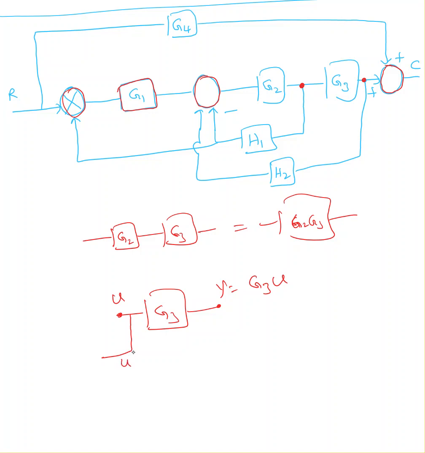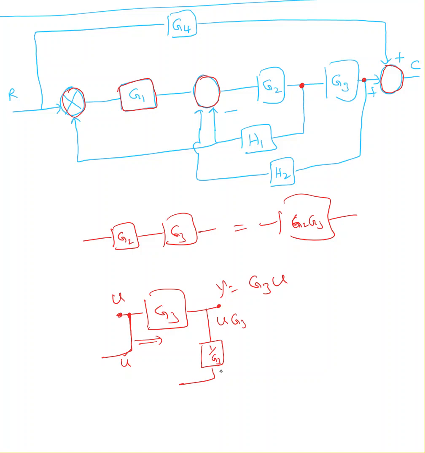Now I'm moving this takeoff point from here to here. Even after moving this takeoff point to this location, this loop must receive the same signal U. So when I move this to here, I'm going to have another block which is 1 over Z3.